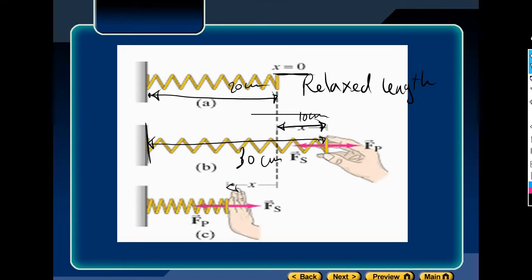Because we should understand what is the length of stretch or the length of compression. They are the same x.